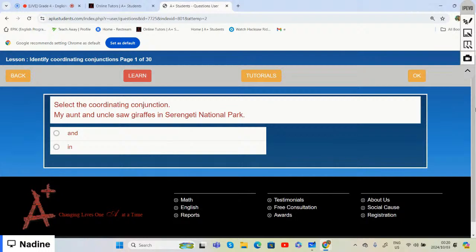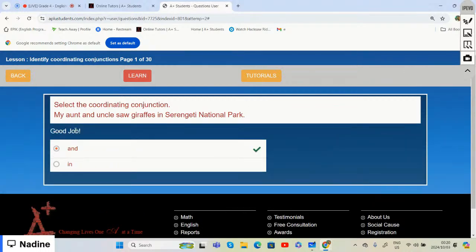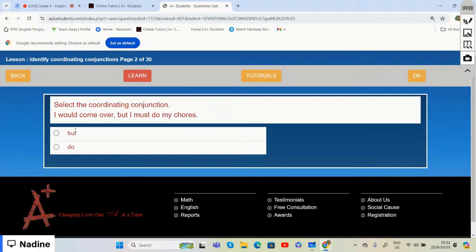Remember, the words we are looking for are either and, but, or so. And is the word that joins the two words, because it joins aunt and it joins uncle. Yes, well done. Option one is correct.